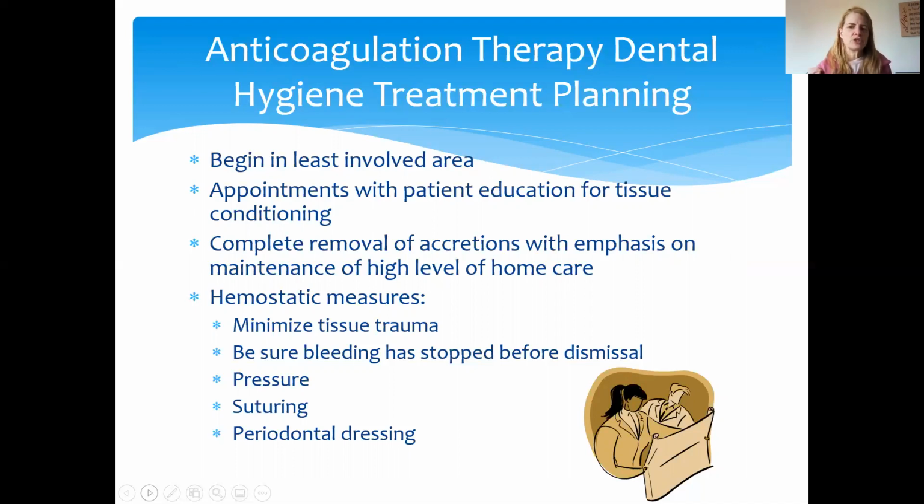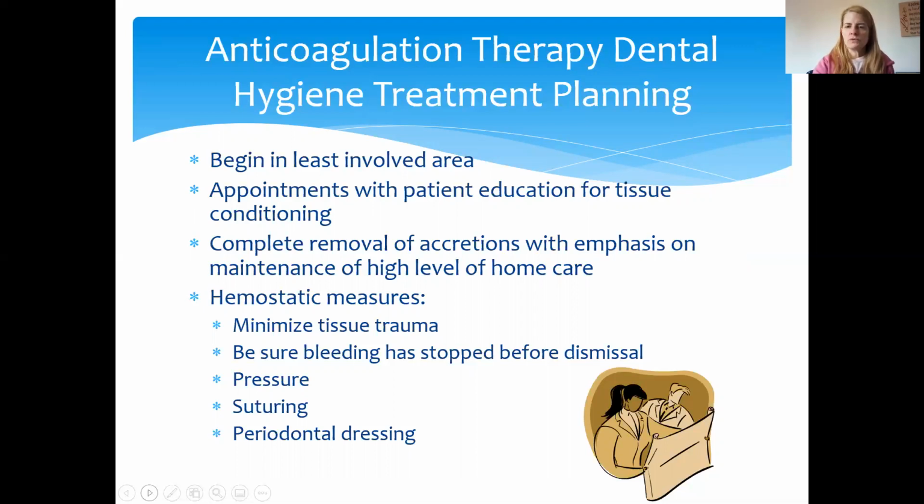You guys have seen patients where there's lots of inflammation because there's lots of plaque. If we begin in the least involved area and then we can help them with plaque control, then they come back, and even if they have calculus and even if they have scaling and root planing that we need to do, we can at least have the tissue in better shape and maybe reduce the bleeding that they would have.